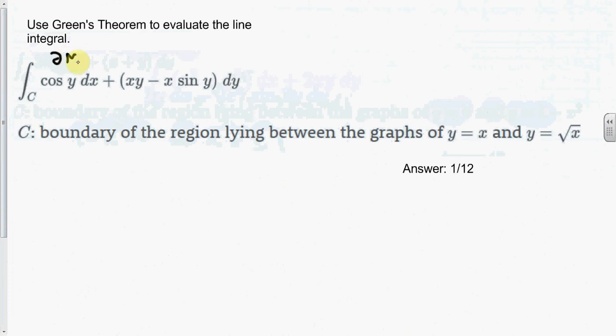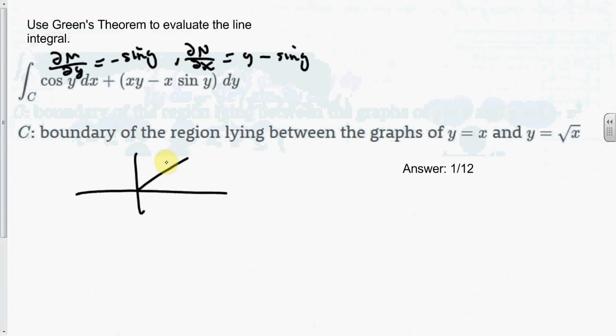So here, the partial of m with respect to y is negative sine y. Then the partial of n with respect to x is y minus sine y. Now, this graph is y equal to x, and then that square root. We had that one before. I think x went from 0 to 1, right?